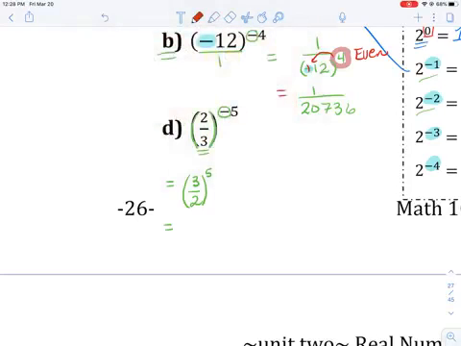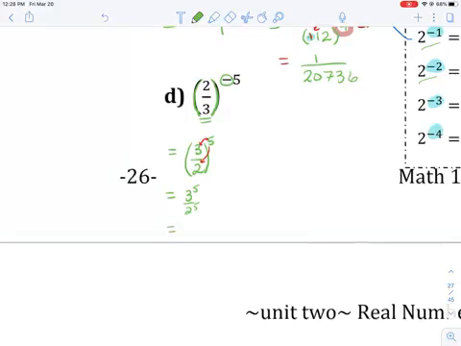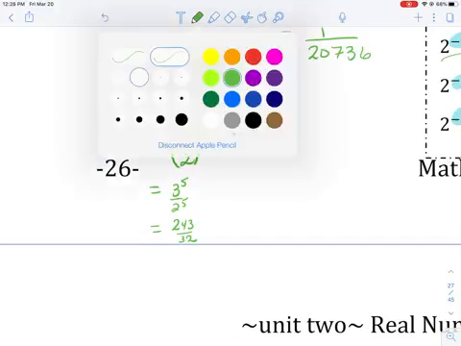And I know that this 5 applies to both numbers inside my fraction, so I'm going to rewrite this as 3 to the 5 over 2 to the 5. And of course, if I plug 3 to the 5 in my calculator, I believe that's 243 over 32.